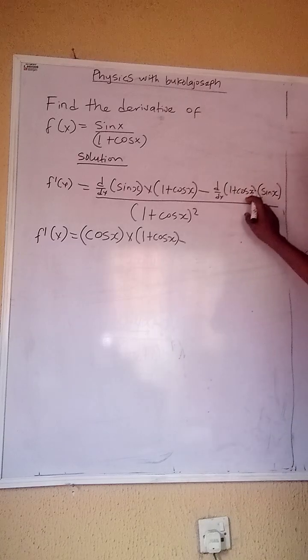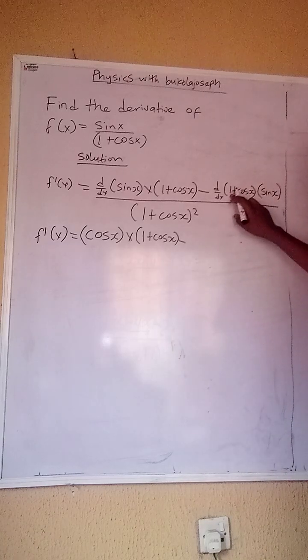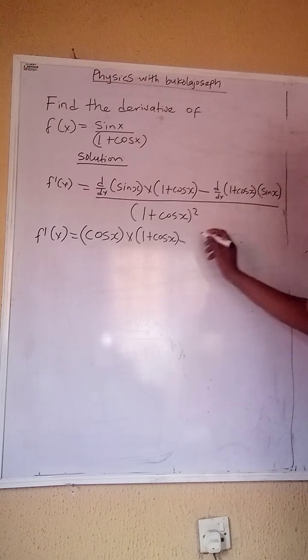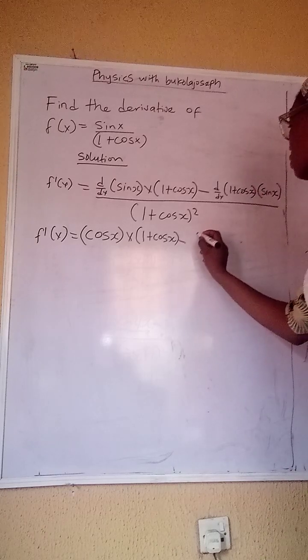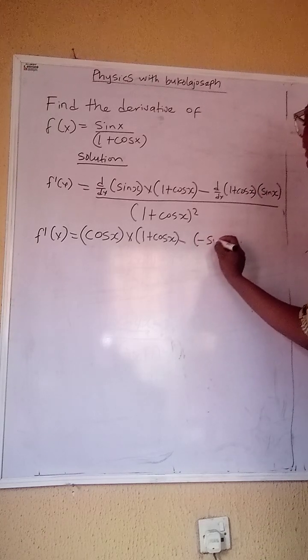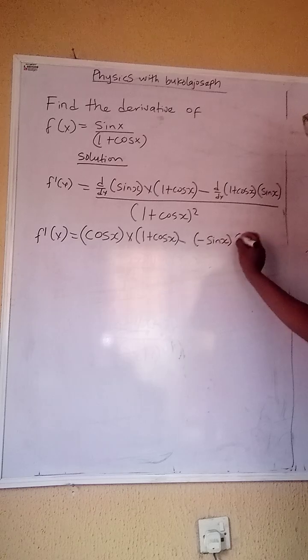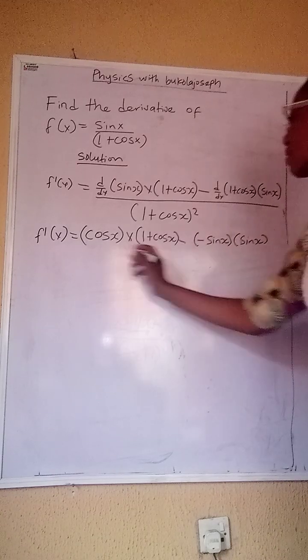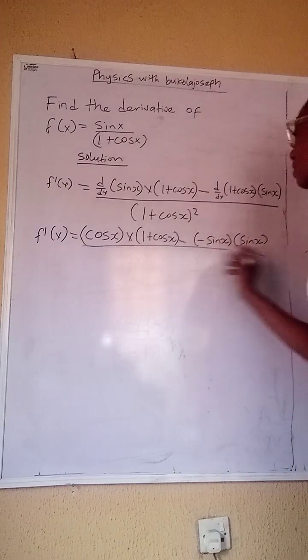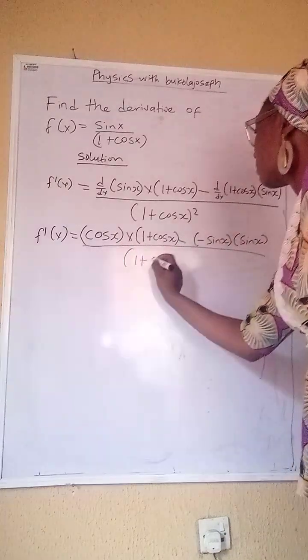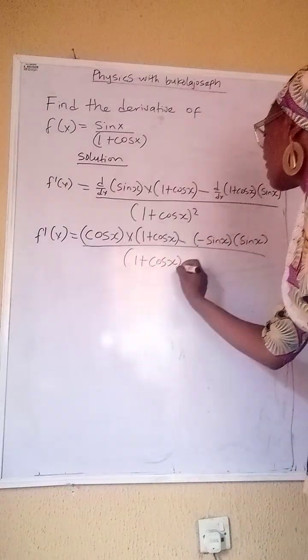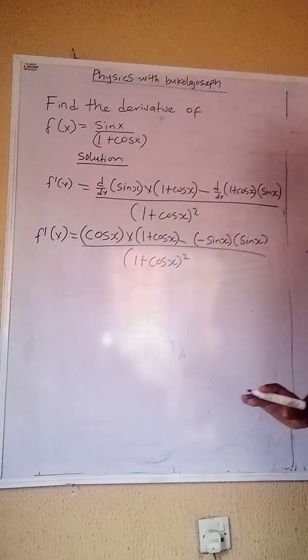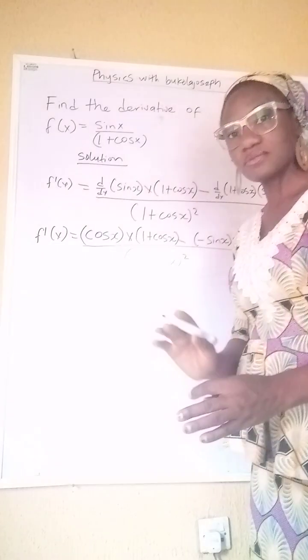If we differentiate this, this is a constant, so it's going to be 0. So if we differentiate cos x, it will give us minus sine x. Into sine of x, all over 1 plus cos x squared. I hope you understand what we did.